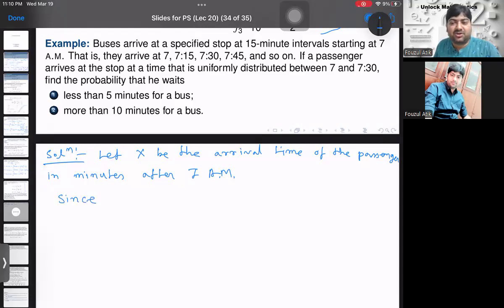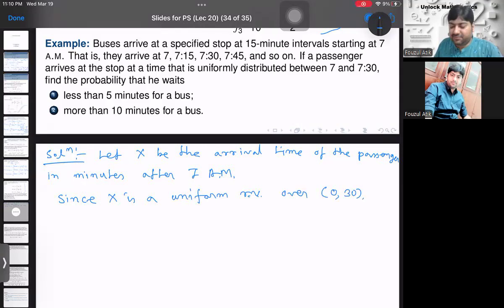Depending on our choice, because we have taken x as the arrival time of the passenger between 7 to 7:30, right? So therefore x is a uniformly distributed random variable over the interval 0 to 30.